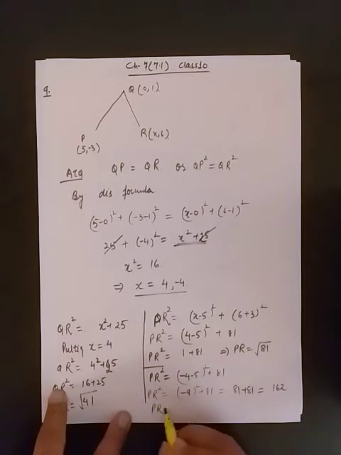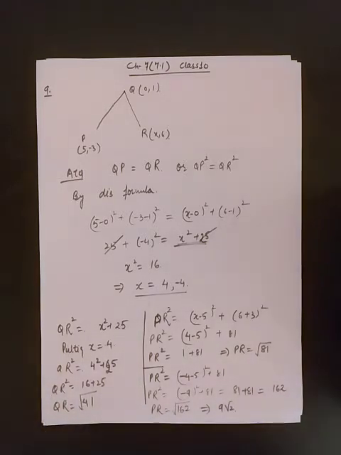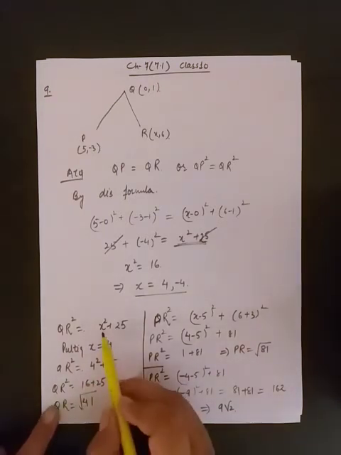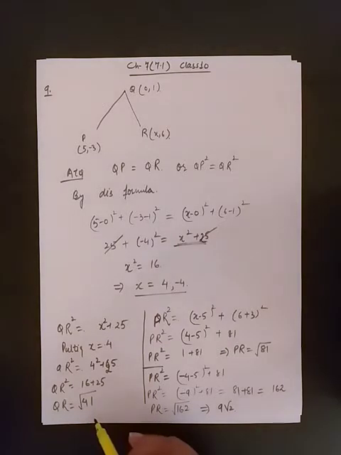So PR is equal to under root 162, or we can say 9 root 2. So for QR, when we put x is equal to minus 4, again square of minus 4 will be 16, and again we will get root 41. So there will be no change for the values of QR in case of plus 4 or minus 4.